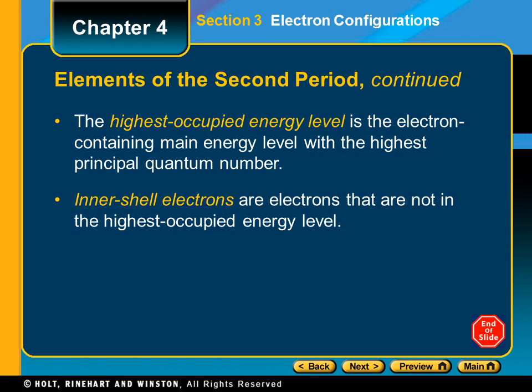Inner shell electrons would be electrons that fall somewhere between the nucleus and that farthest orbit out.